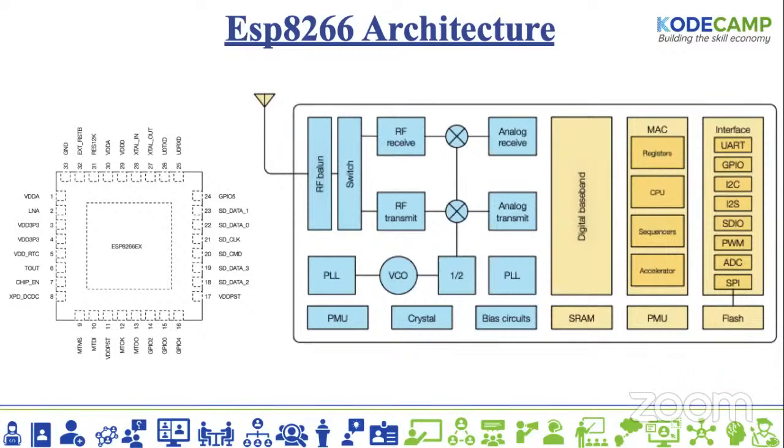Then it has a transmission power. I remember I told you I was going to talk about transmission power. The transmission power cuts across the B version, 802.11b, the G version, and the N version. For the B version, it has the ability to transmit up to plus 20 decibel.